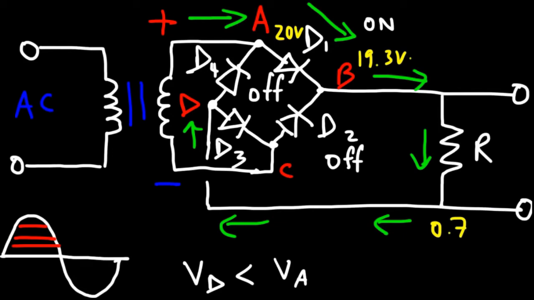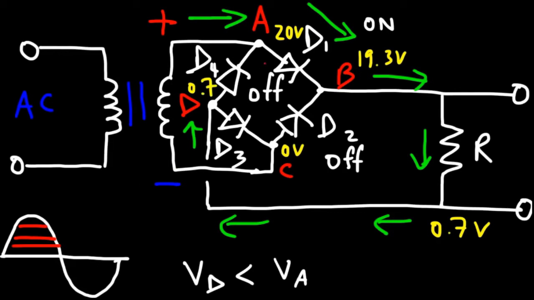The voltage drop is really the difference between 19.3 and 0.7. So the electric potential at the other side of the resistor is 0.7. And going through D3, point C will be at 0, because that will be the opposite side of this transformer. So D is still 0.7.